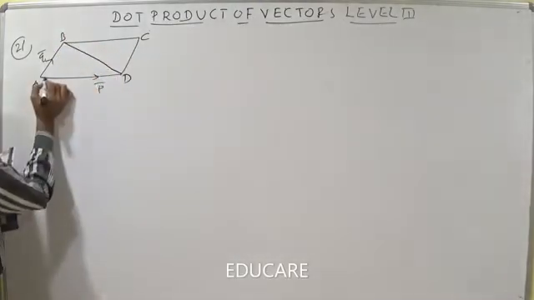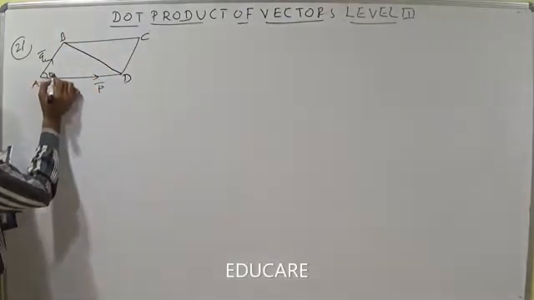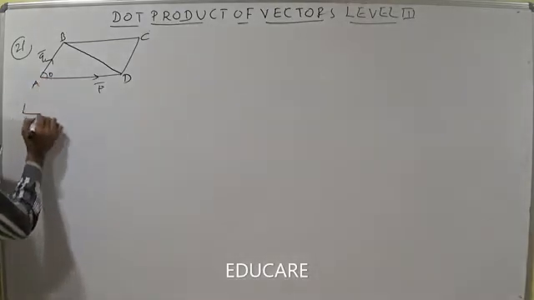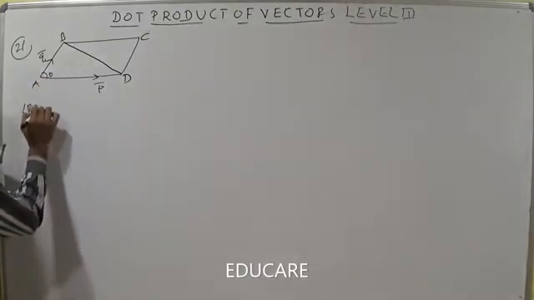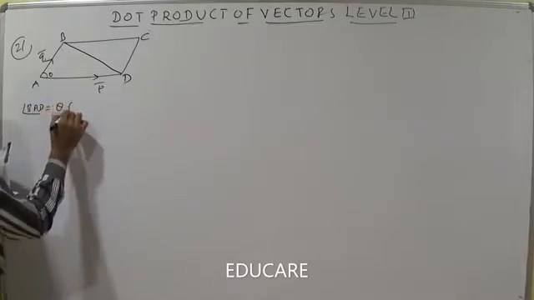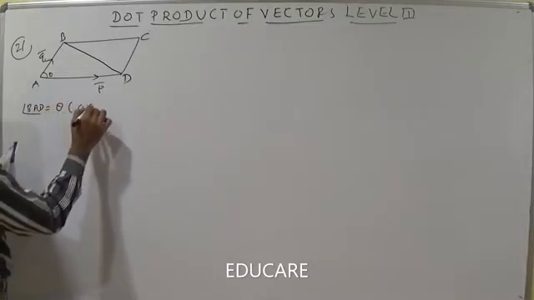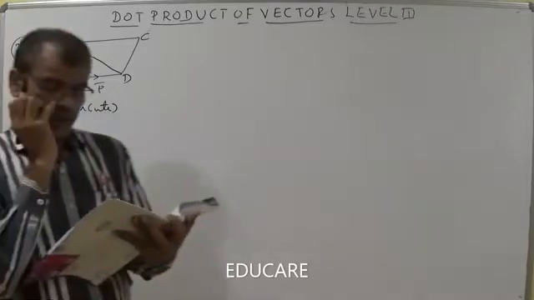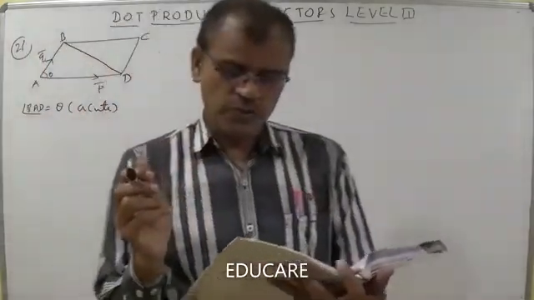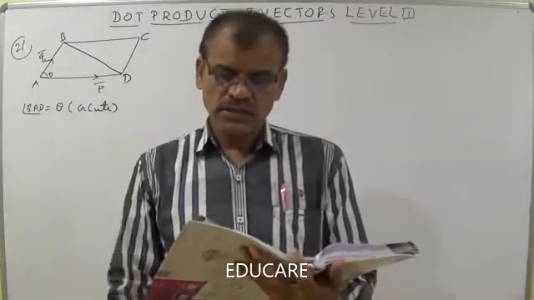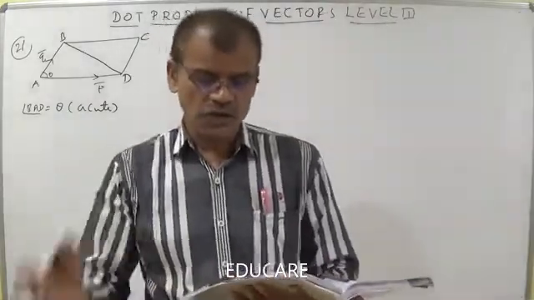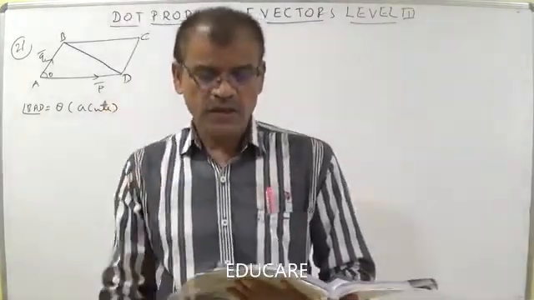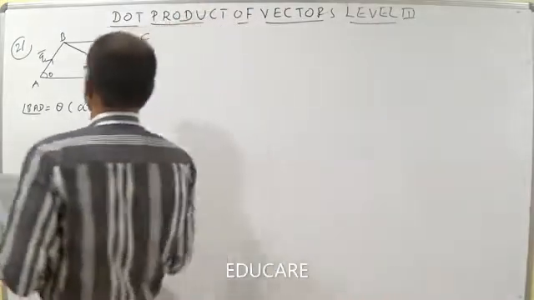Angle BAD is equal to theta, given as an acute angle. Next condition: R bar is the vector that coincides with the altitude directed from the vertex B to the side AD.